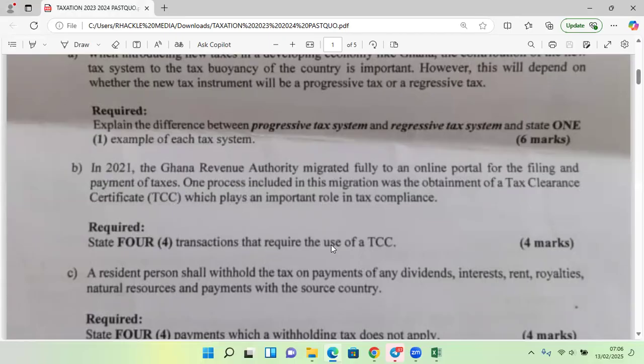So a tax clearance certificate is a document that is being issued by the GRA to confirm that a person has fulfilled his tax obligation for a specific period of time, right?